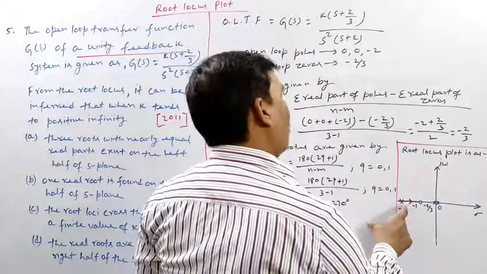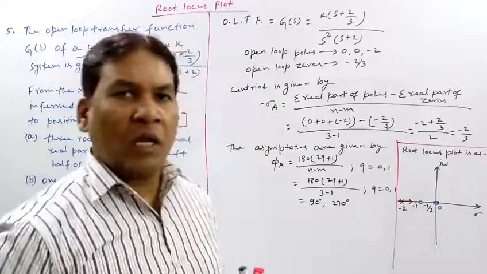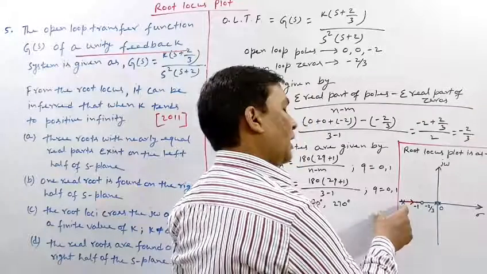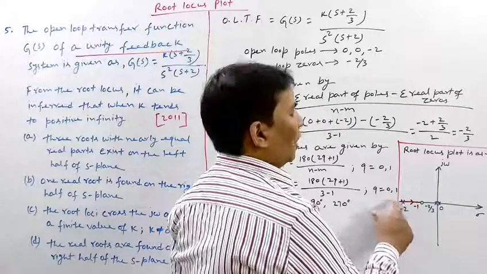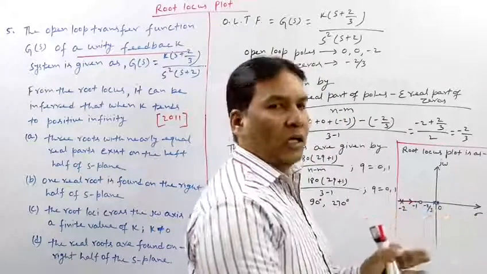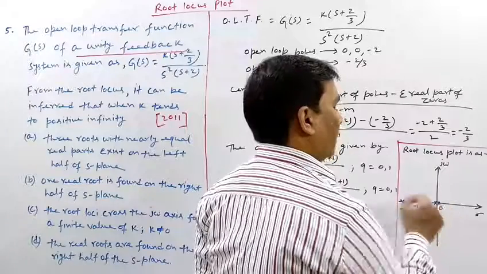The part left of pole -2 will not be a part of the root locus, because the part of the real axis left of -2 will have 4 poles and zeros to its right, because there is 1 pole here, 2 poles here and 1 zero here.